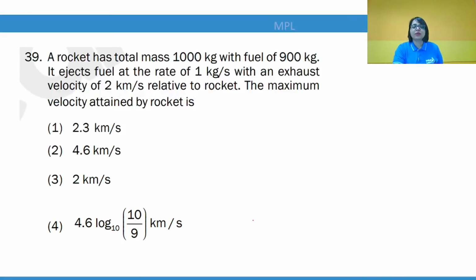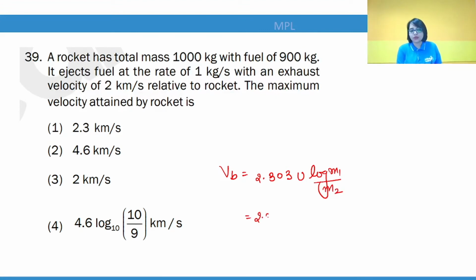Question number 39. Rocket has total mass 1000 kg with fuel of 900 kg. It ejects fuel at the rate of 1 kilogram per second with the exhaust velocity of 2 kilometer per second related to rocket. The maximum velocity attained by the rocket is. So in this expression, I'll use v, that is 2.303 into u into log m1 upon m2.